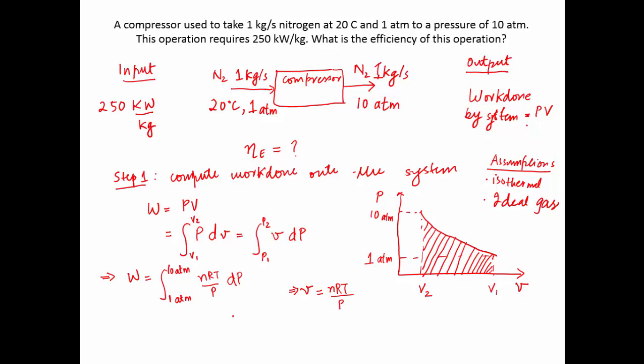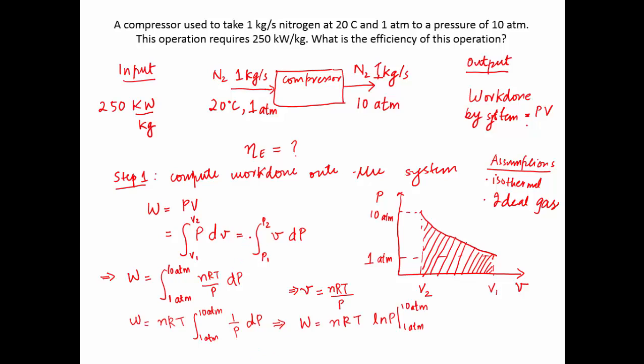We assume the temperature is constant, and therefore this entire numerator is constant. N is the number of moles, which stays the same, R is a universal gas constant, that's a constant, and temperature, as we said, we're assuming an isothermal process. So we can take the entire numerator out of the integral. When we integrate 1 over P, we get ln of P.